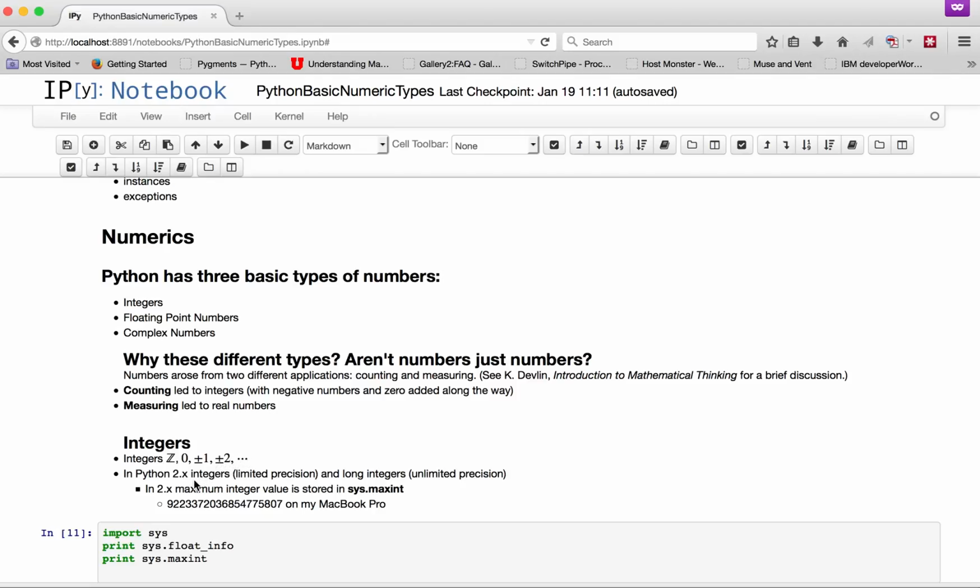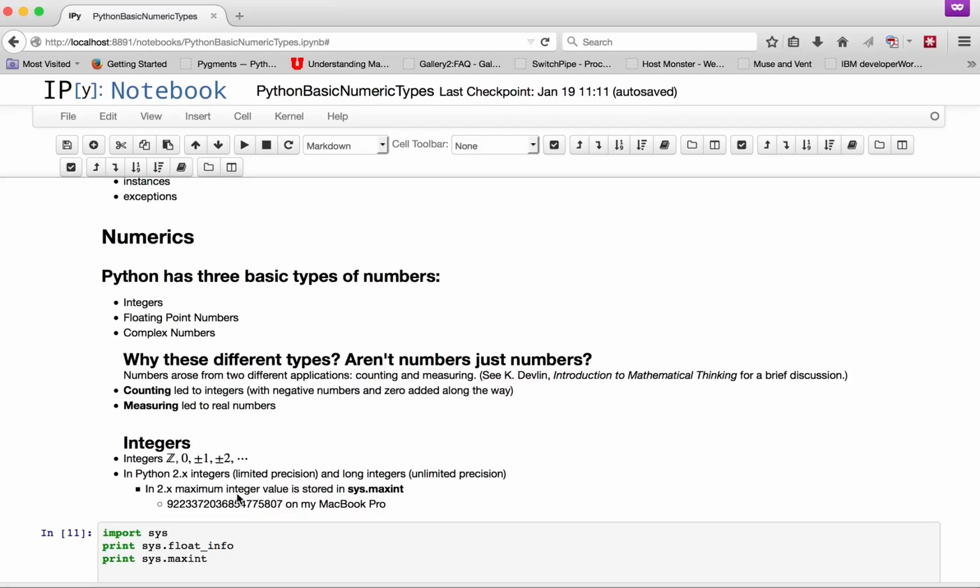So in Python 2.7, like we're using, the basic integer type has a limited precision, in that there's a smallest and a largest integer that can be represented. And this is done in hardware. However, to compensate for this limitation, Python also provides long integers, which provide unlimited precision. That unlimited precision comes at the cost that we're now keeping track of things in software and not in hardware, and so there's a loss of computational efficiency.